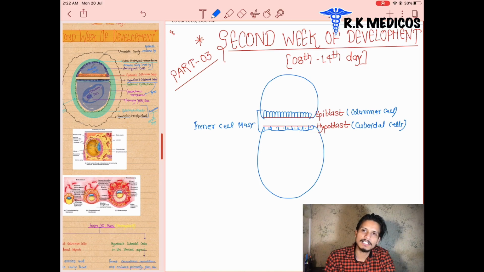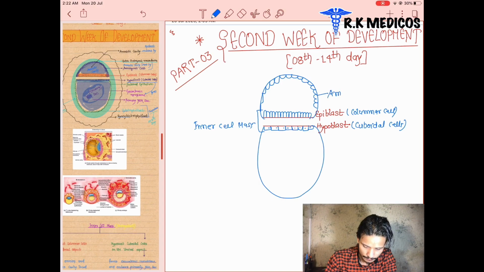Some cells are also present in the epiblast boundary, and these cells are called amnioblasts.